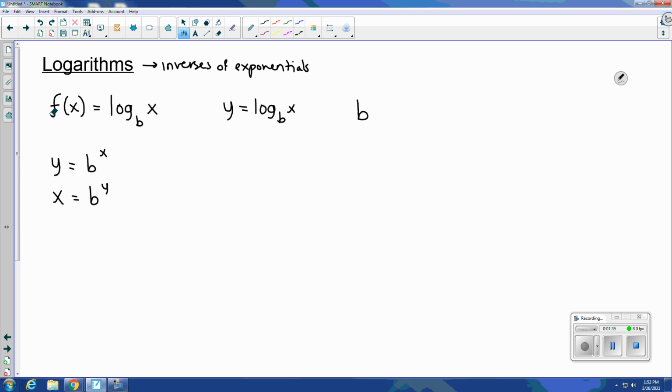So if log equals y, then the exponent for my exponential is y. And what we take the log of is what the exponential equals. So this is the conversion, and this goes both ways. If we take an exponential form and we want to go to logarithmic form, we know the bases match. We know the log equals the exponent of the exponential, and what we take the log of is what the exponential should equal, so we can make that conversion.